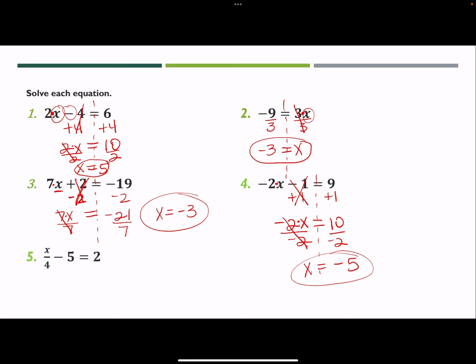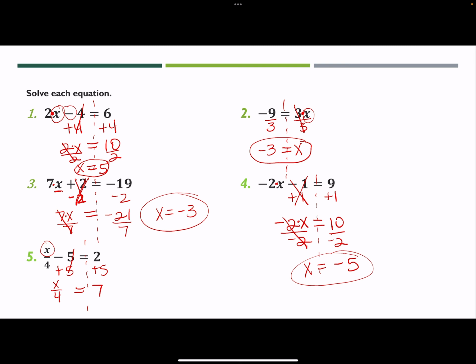All right, number 5. Here's my equal sign. Here's my x. Remember, when I have that fraction, a fraction is just a fancy way of writing a division. So this means x divided by 4, and then I'm subtracting 5. Like always, getting rid of the addition or subtraction first. So I'm going to add 5 to both sides. And then I have x over 4 equals 2 plus 5, which is 7.